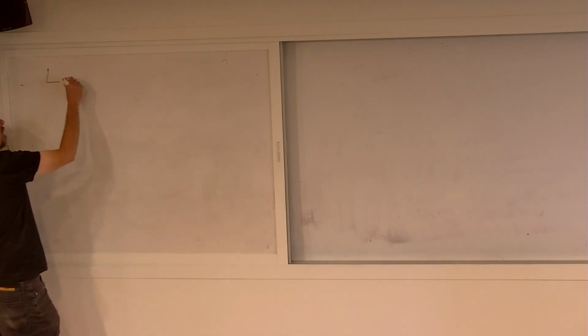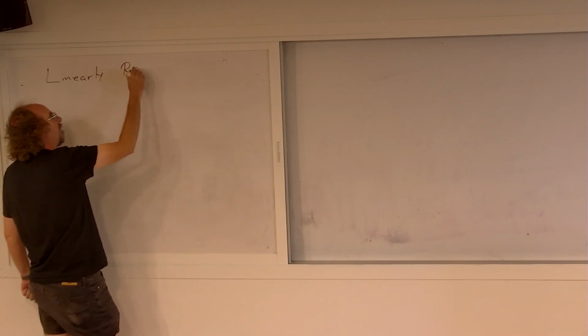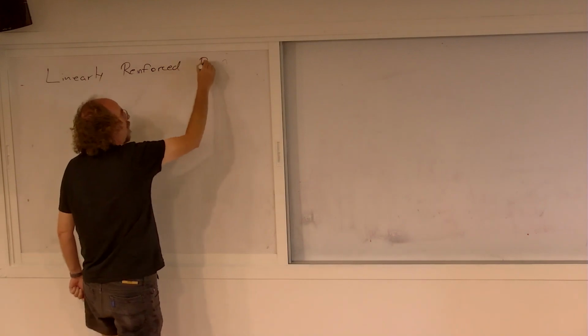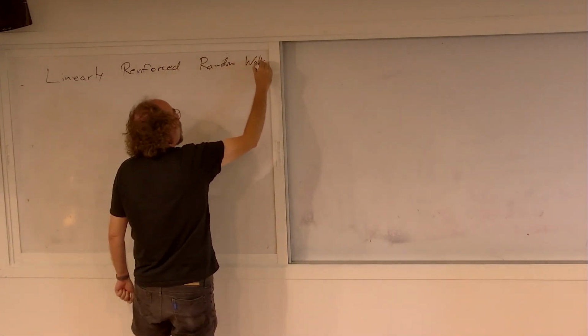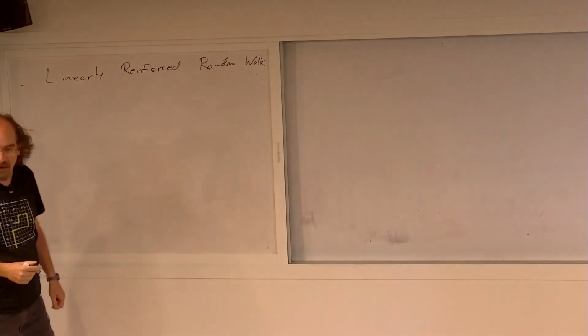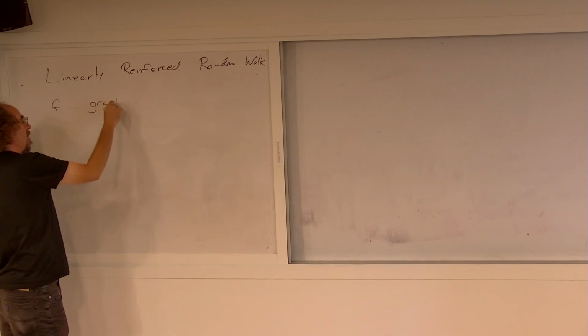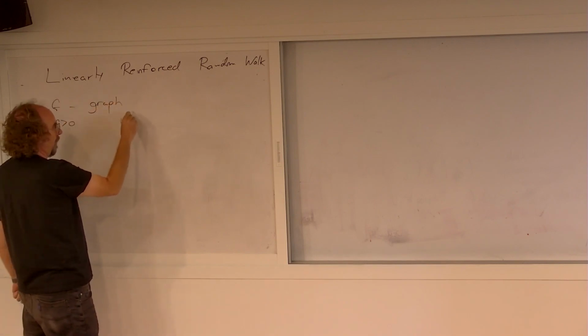Okay, so linearly reinforced. Let me start by defining this model. And the definition is very simple. You have a graph. And you have some positive parameter A, which is the initial weights.